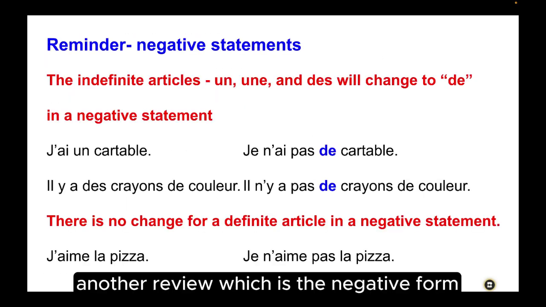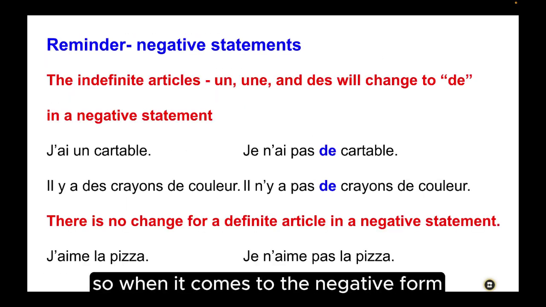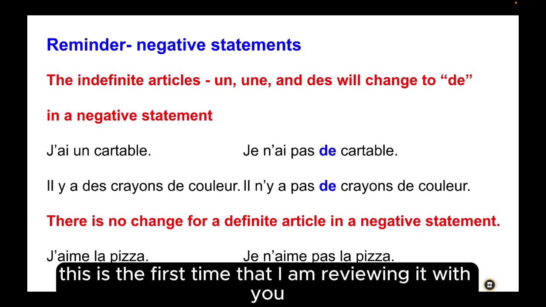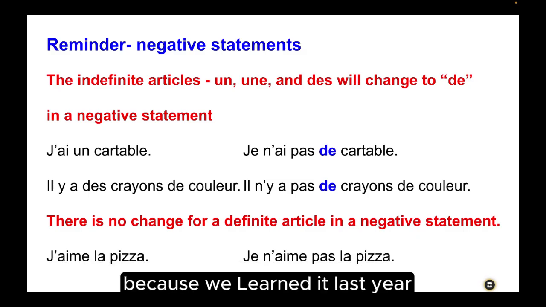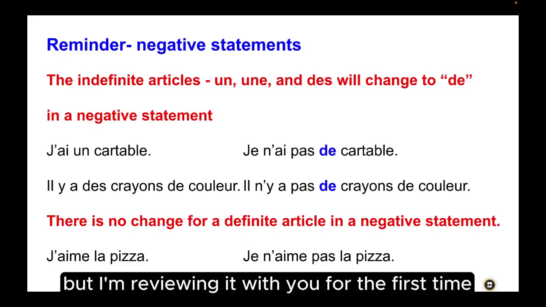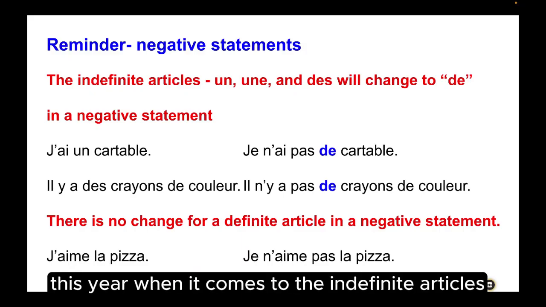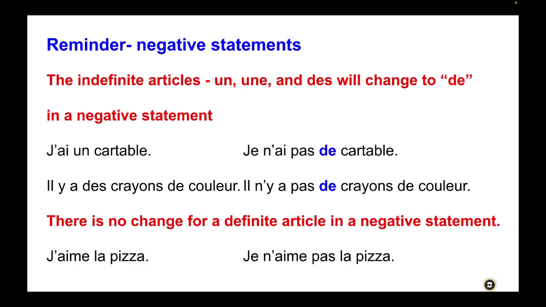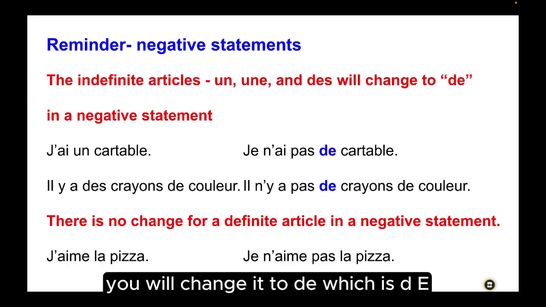Another review, which is the negative form. When it comes to the negative form, you're going to need to be careful since this is the first time that I am reviewing it with you, because we learned it last year, but I'm reviewing it with you for the first time this year. When it comes to the indefinite articles, which are un, une, and des, you will change them to de.